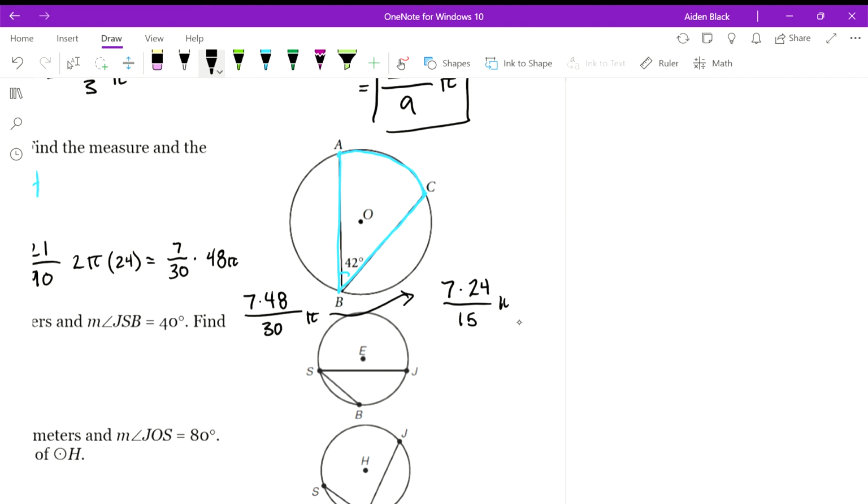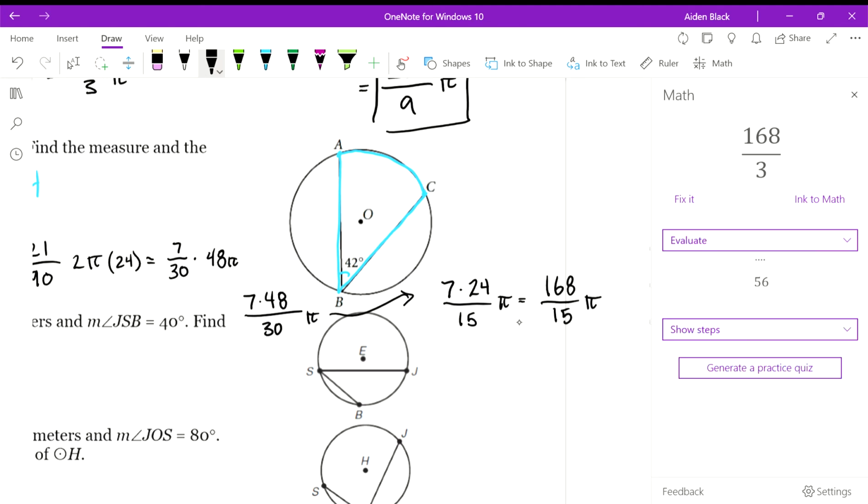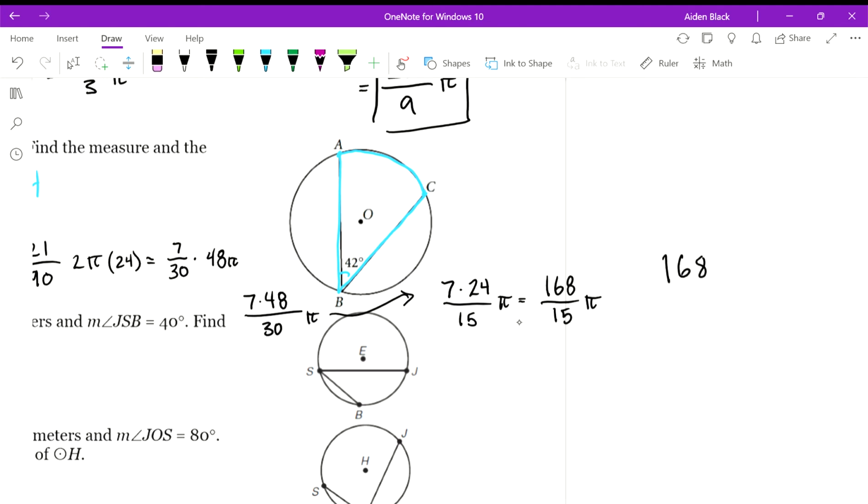Let's make sure that pi is still there. 168 divided by 15 pi. Is 168 divisible by 3? Because we know 15 is divisible by 3, maybe this will work. Yes, it is. 56.